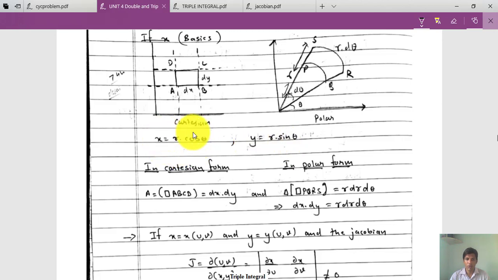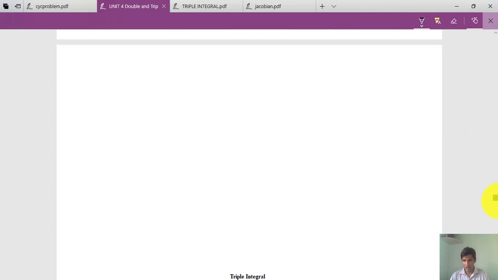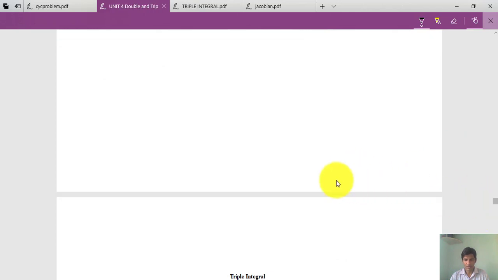So polar coordinates can be transformed into Cartesian coordinates or Cartesian to polar coordinates. Now the same is the case for triple integration.